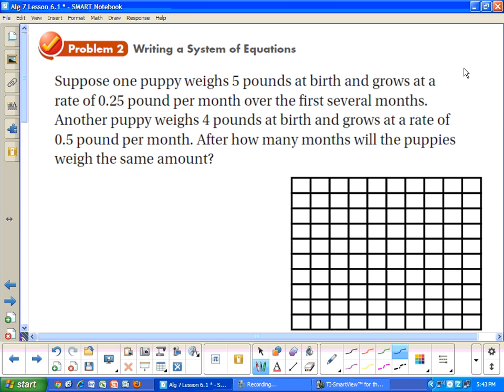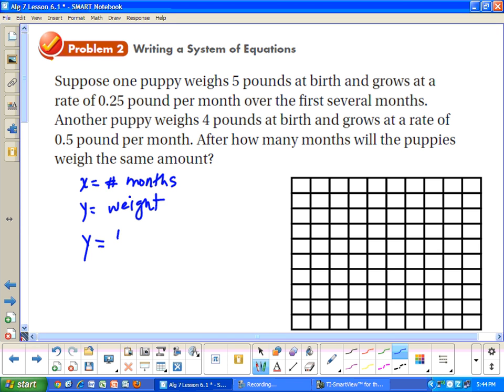All right, well, let's choose some variables here. Let's let x equal the months, and we'll let y equal the weight. And so the first puppy we can represent with the equation y is equal to 0.25.